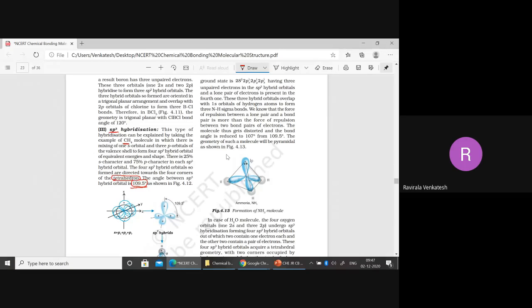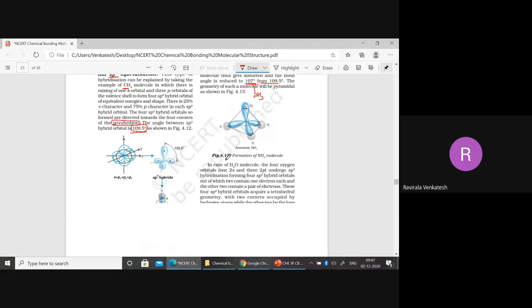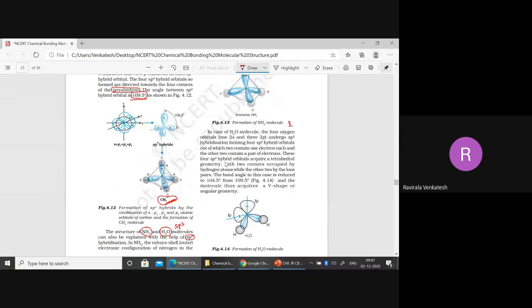Because of lone pair-bond pair repulsions, the bond angle decreases from 109 degrees to 107 degrees for ammonia. Similarly, in water you have lone pair-lone pair repulsions and lone pair-bond pair repulsions. The bond angle decreases to 104 degrees and the shape converts into a V shape, angular or bent shape, we can call this.